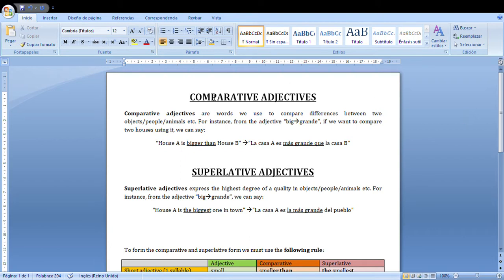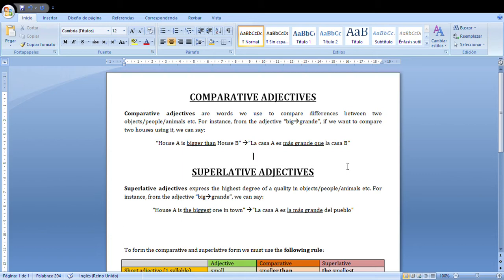So let's go. Comparative adjectives are words we use to compare differences between objects, people, animals, etc. For instance, from the adjective big, which in Spanish is grande, if we want to compare two houses using it, we can say house A is bigger than house B. La casa A es más grande que la casa B, okay?